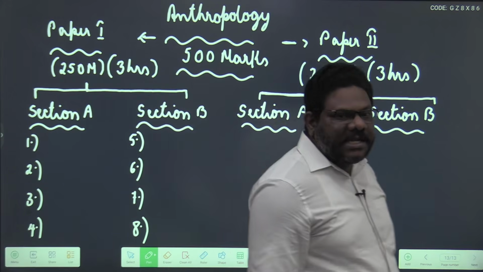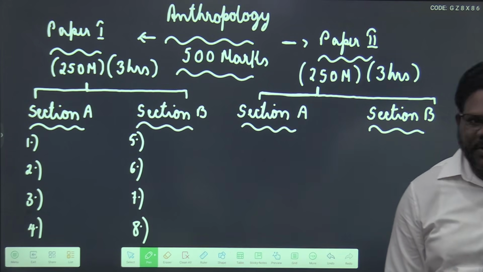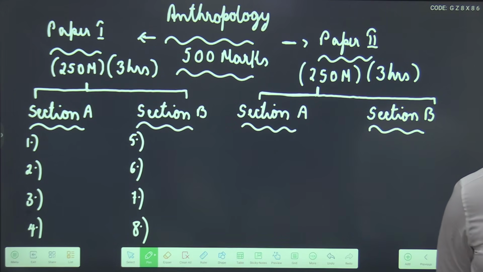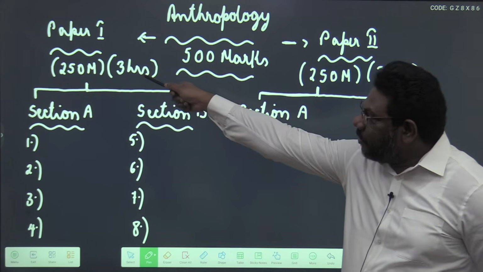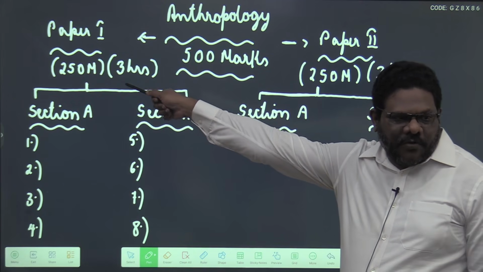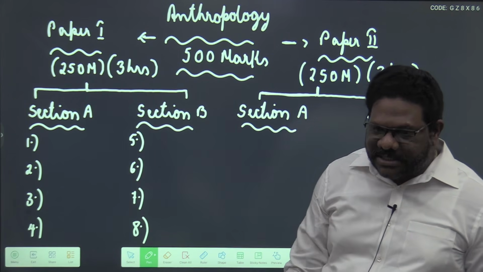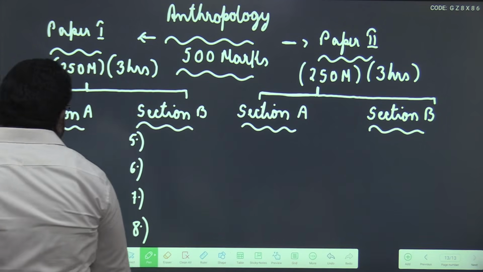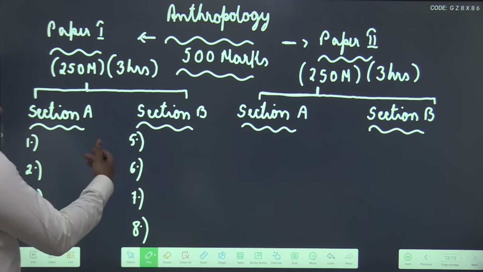Each question carries 50 marks. So 8 into 50, how much? 400. But you have to answer 250 marks. That means there is a choice. So what is this choice? Say for example, you can see the different subcomponents of each of the questions.